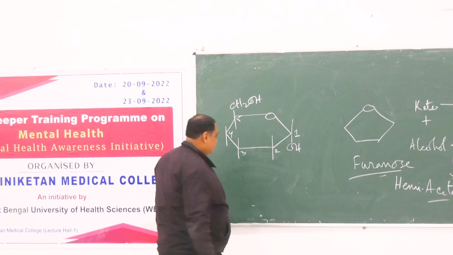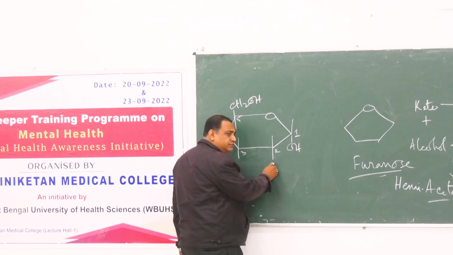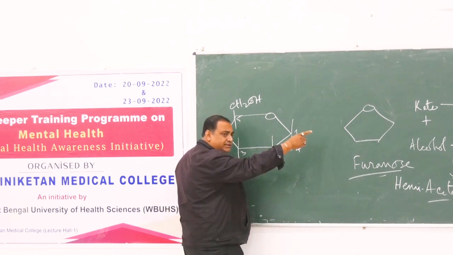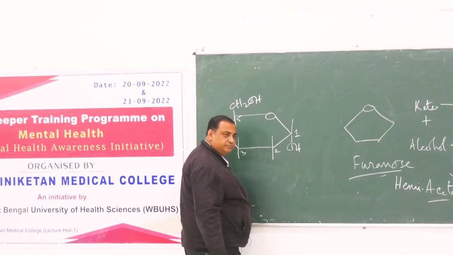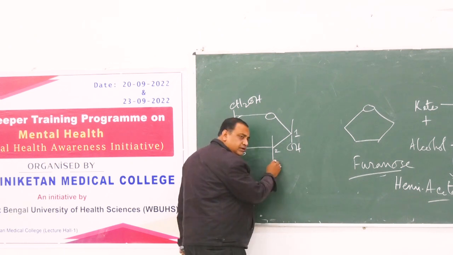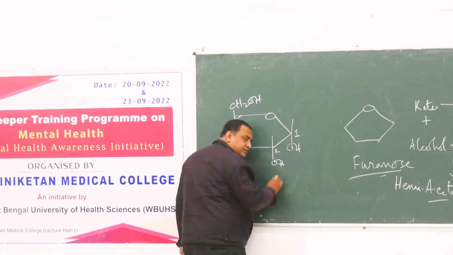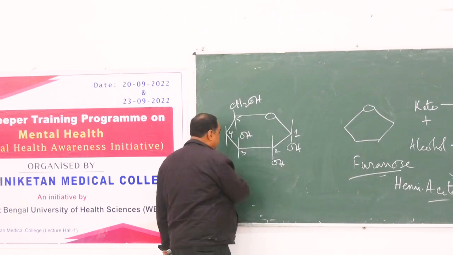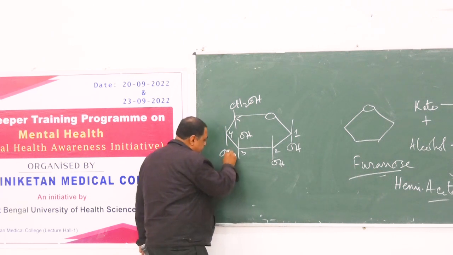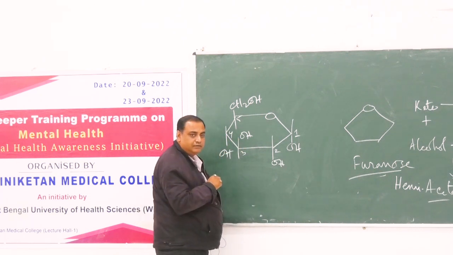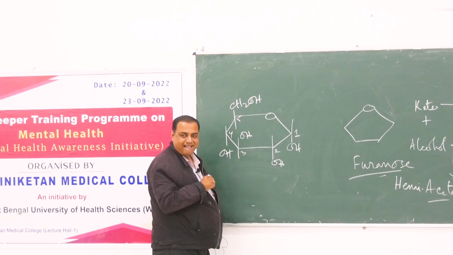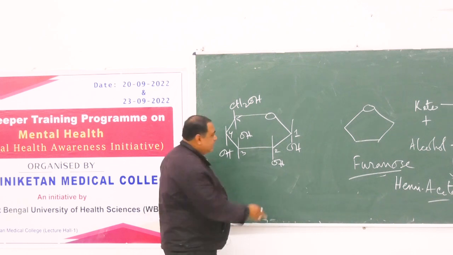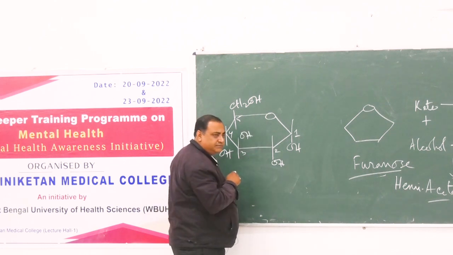Fine. So this OH will be on the right hand side, left hand side. C2, right hand side. So it will be below the plane. Third one, fourth one, fifth one, no OH, just has formed a glycosidic linkage.